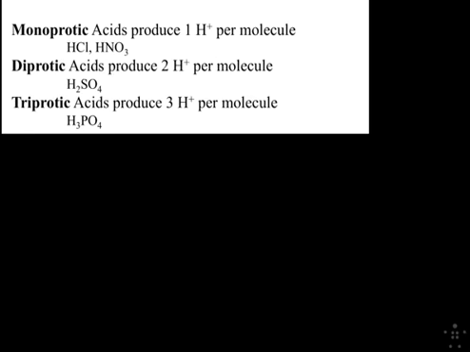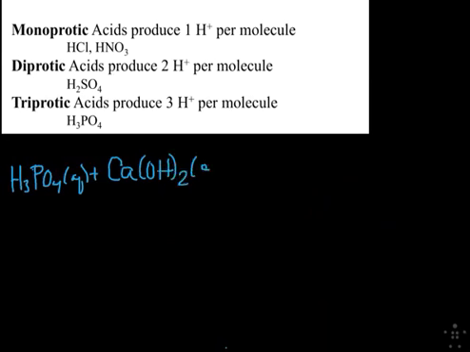So for example, we could look at the reaction of our phosphoric acid H3PO4 aqueous with calcium hydroxide, so just sticking with the same base that we've been looking at so far, Ca(OH)2 aqueous.